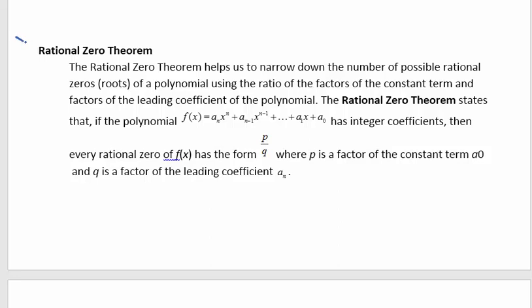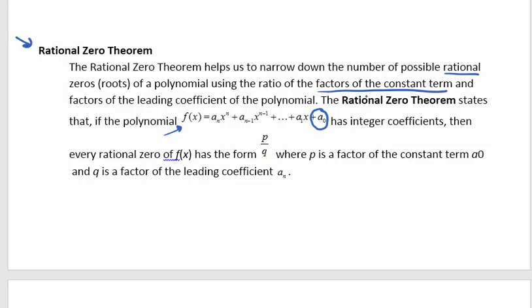So let's start with the rational zero theorem here. The rational zero theorem helps us to narrow down the number of possible rational roots. Now remember, rational means numbers that can be written as a fraction. We find the rational roots of a polynomial using the ratio of the factors of the constant term and the factors of the leading coefficient. Our constant term is the very last term in the polynomial, and we're going to write these polynomials in descending order.